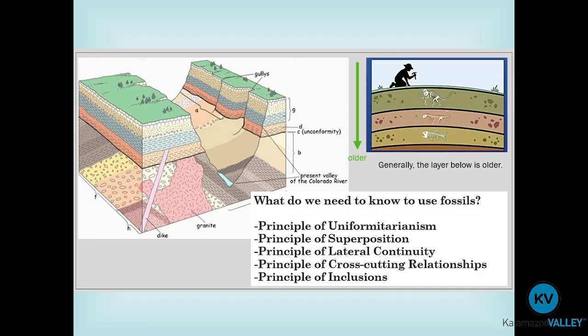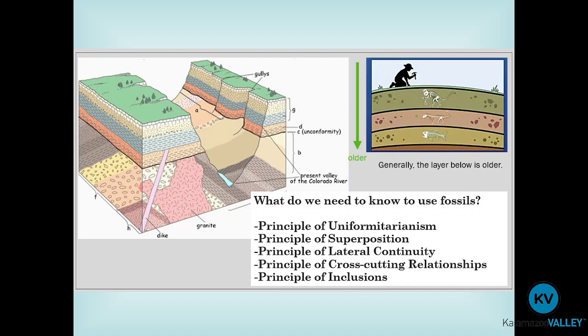These principles are the foundation of relative dating, and relative dating is the main way that geologists date rocks. We can also use fossils that we find in younger beds to be able to determine the age. And we can use other methods like carbon dating and radioactive dating as well.